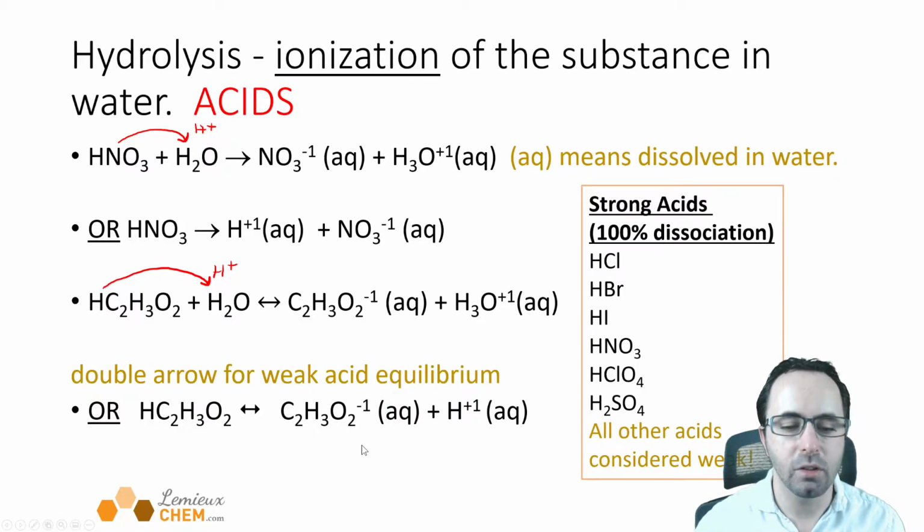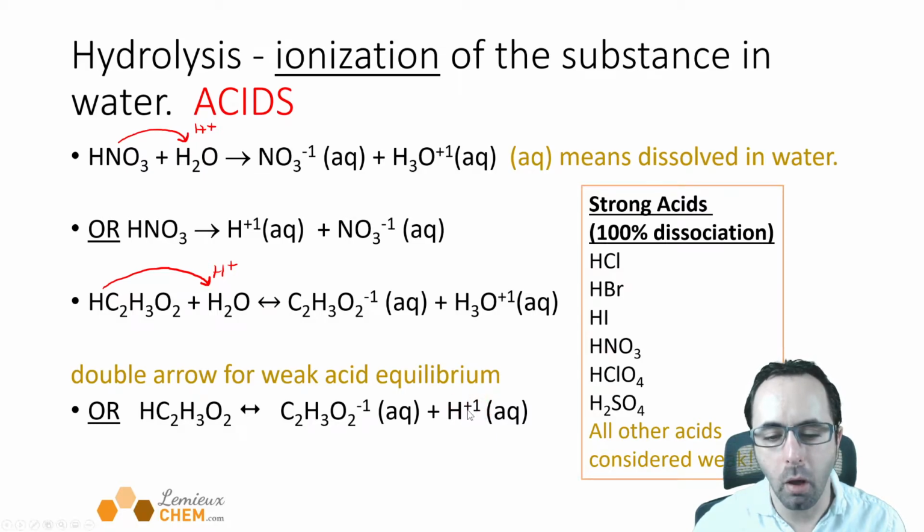Many reactions do this, in fact. But for weak acids, you should always write this double arrow. And again, what's happened here is the H plus has separated from the acetate. So we have acetate ion, which is C2H3O2 with a -1 charge, and we have the H plus 1 ion. And of course, we have one of each because +1 cancels charges with -1.